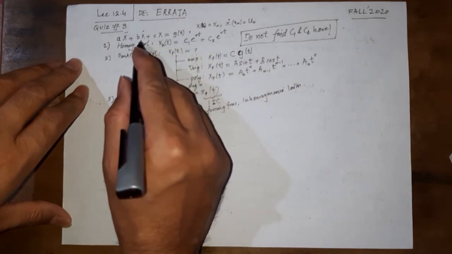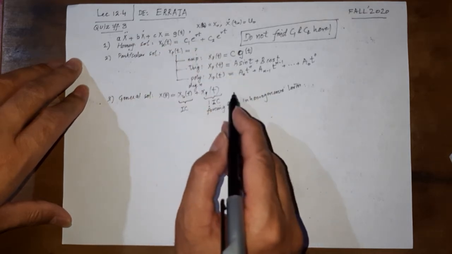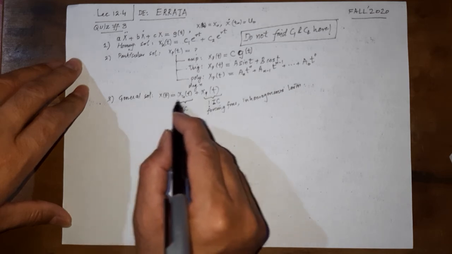We just see what is the form of homogeneous solution here at this point. Then we move to the particular solution. Then we say general solution would be equal to this thing.